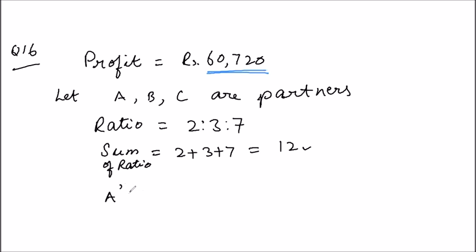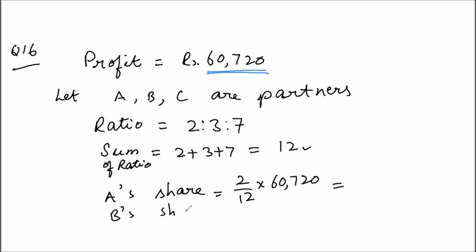Now A's share is 2 by 12. The sum means total shares are 12 and A will get 2 shares, 2 out of 12. So multiply it with total amount. Similarly, B's share, B's ratio is 3 out of 12.